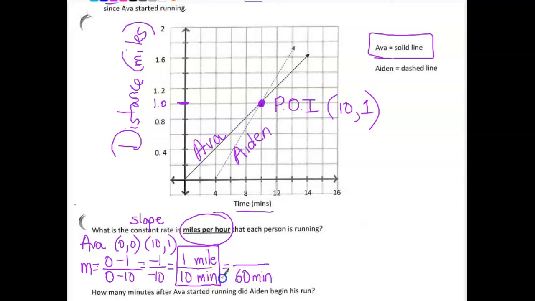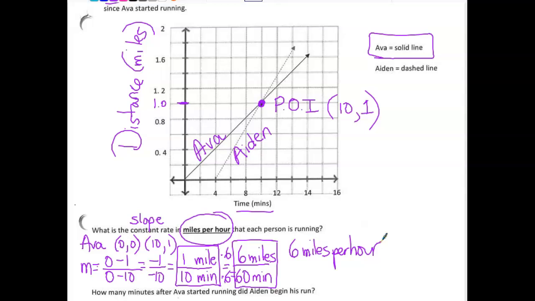If I multiply that by 6, I get 60 minutes. To make an equivalent fraction, I multiply the numerator and I get 6 miles in 60 minutes. And 60 minutes is really an hour. That means Ava is running at 6 miles per hour.